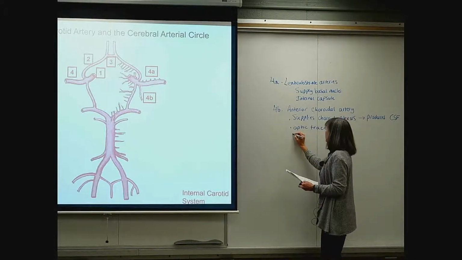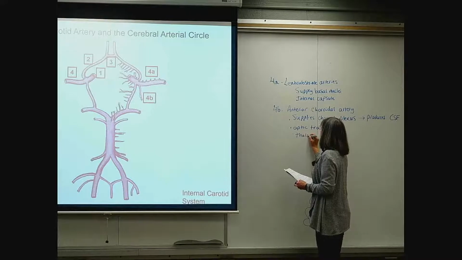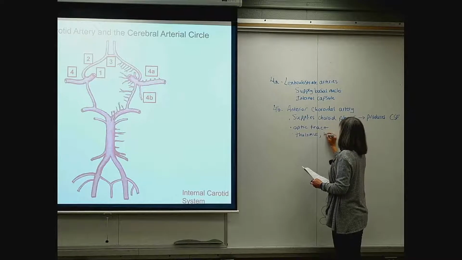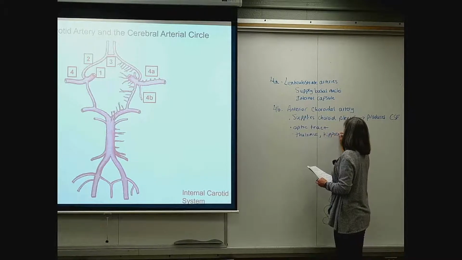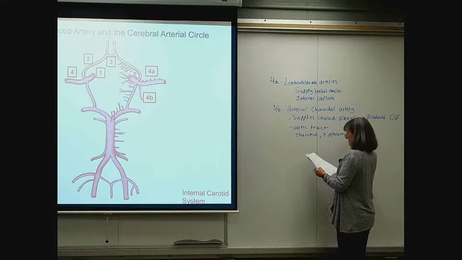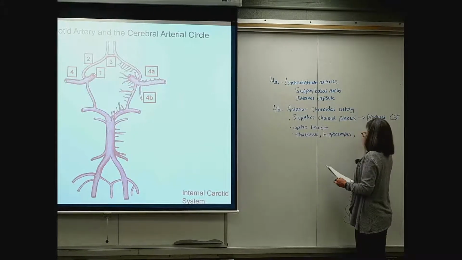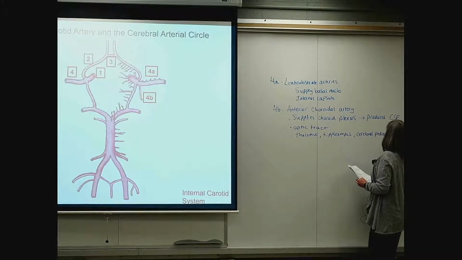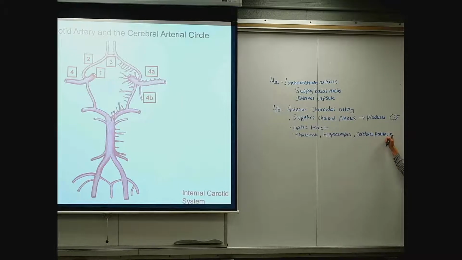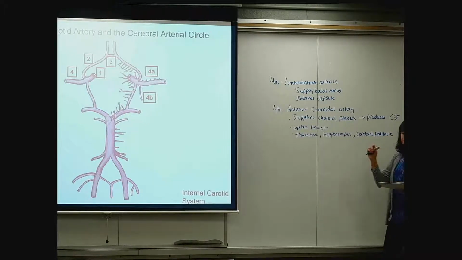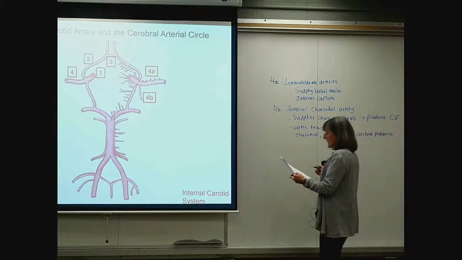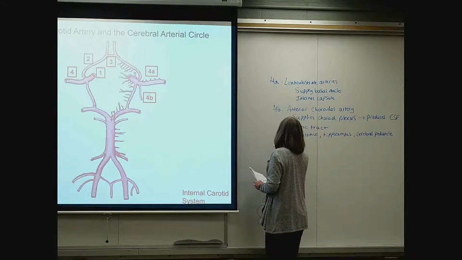It also supplies parts of the thalamus, the hippocampus, which is involved in memory, and part of the cerebral peduncles. And you remember a peduncle is, again, a big structure of white matter.